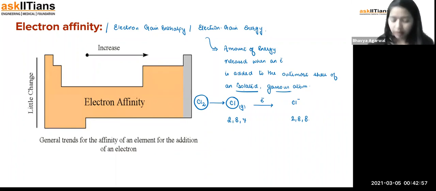So this is the amount of energy released when an electron is added to the outermost shell of an isolated gaseous atom.